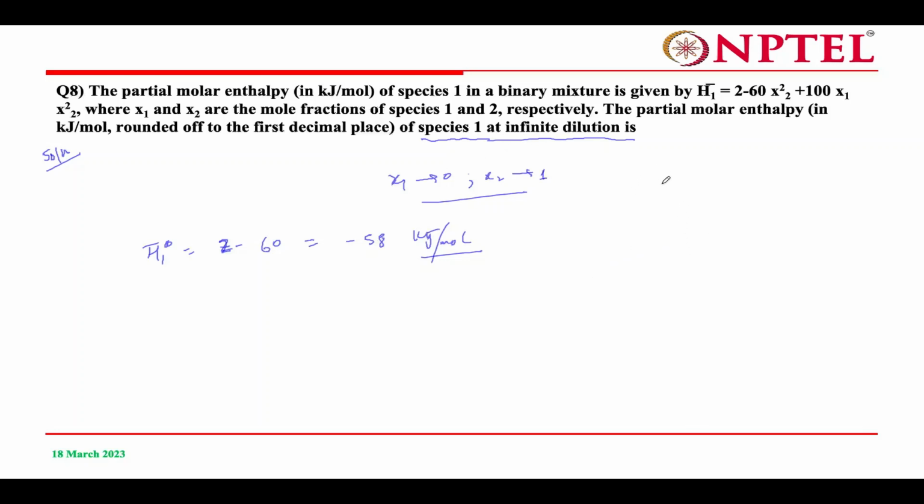So for species 2, x2 tends to 0, x1 is 1.